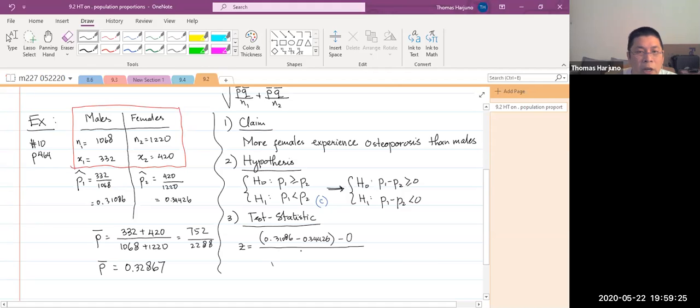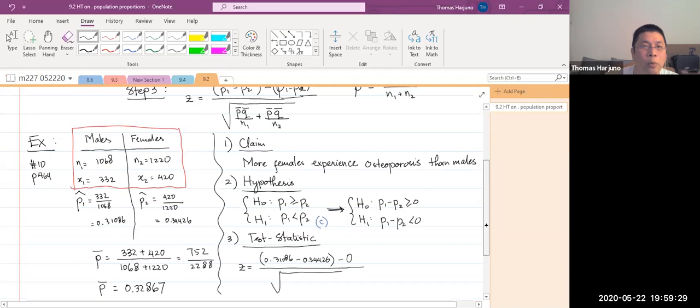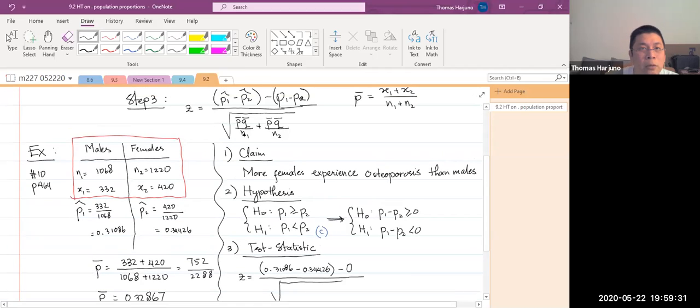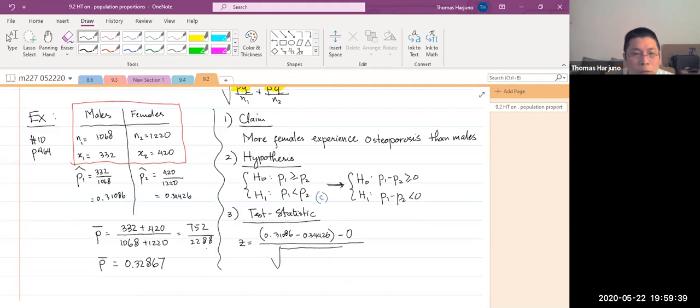Over on the denominator, however, I need to use the pool proportion. So if that's my P hat, my Q hat will be 1 minus that, 0.6713.